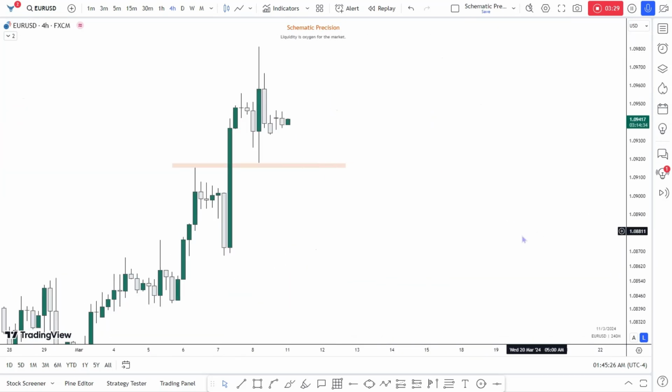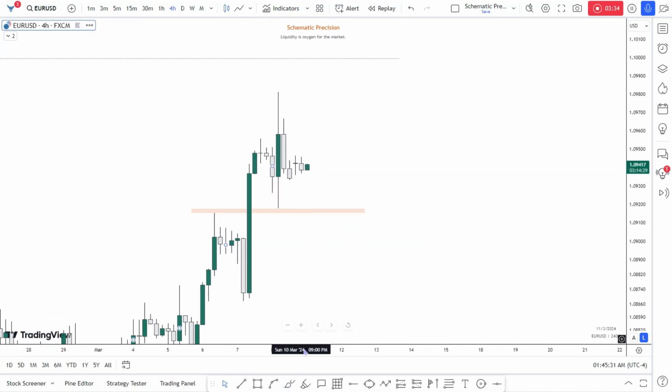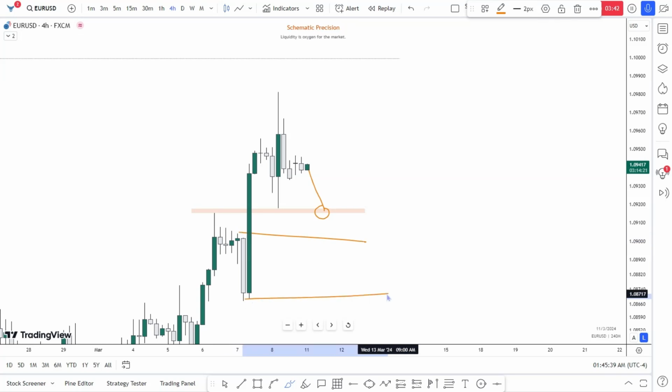So what's next now? As I said, I'm expecting price to come down at least to fill this imbalance on daily. And as you can see, we have our order flow as well here. So if price comes here and maybe a little deeper, maybe 20, 25 pips deeper, that's what Euro USD does every time.